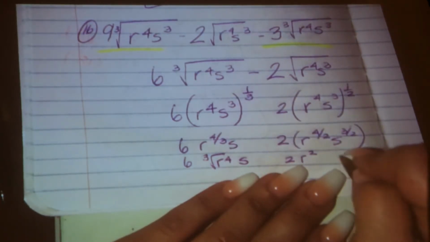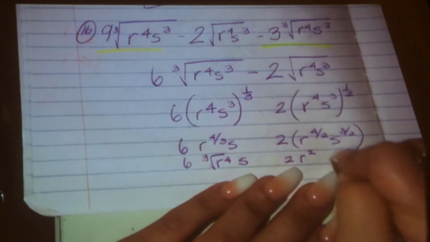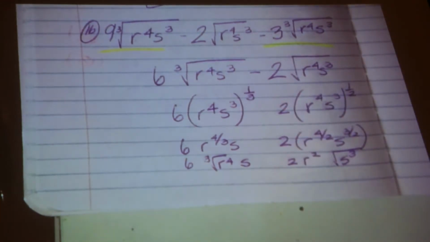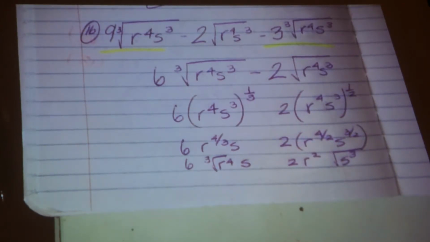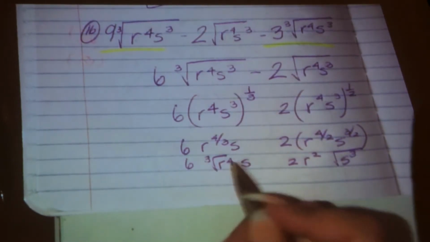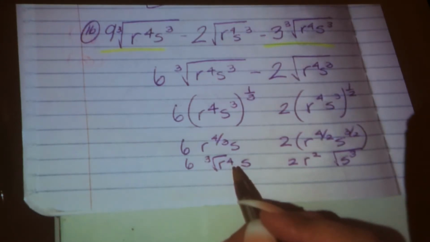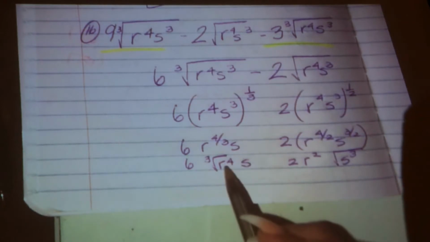This is the same thing as 3 people, but I want groups of 2. Help me out here, you guys. If I have 4 people and I want groups of 3, how many groups can I have?